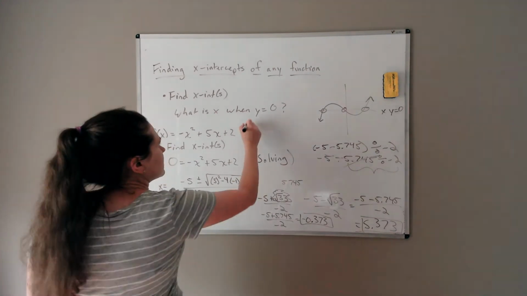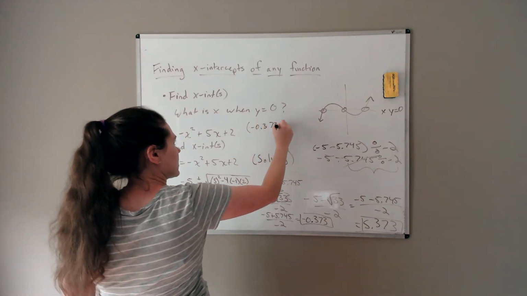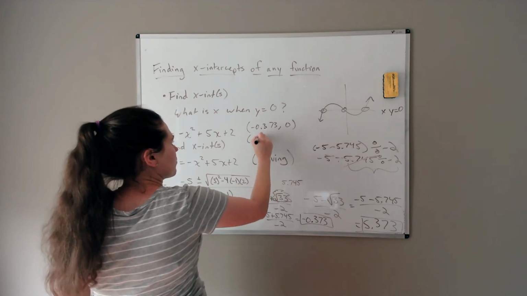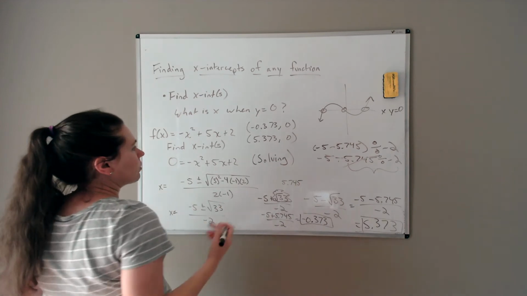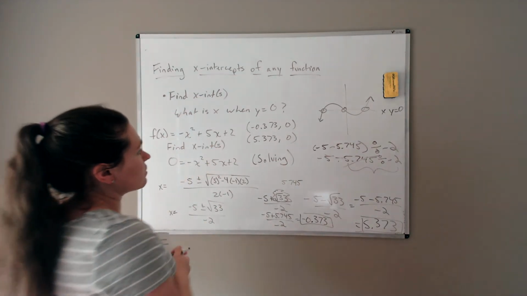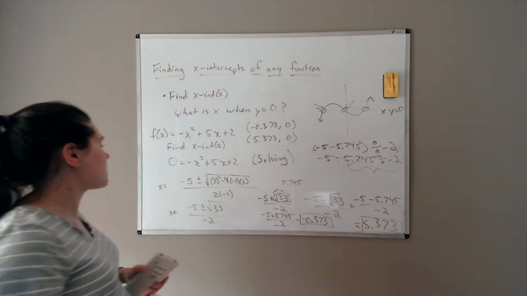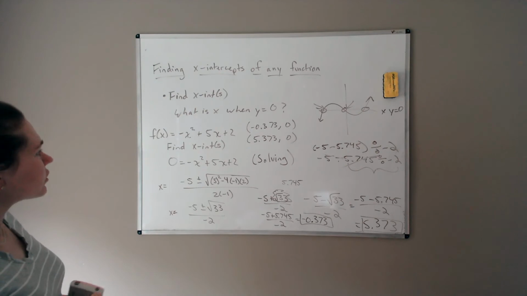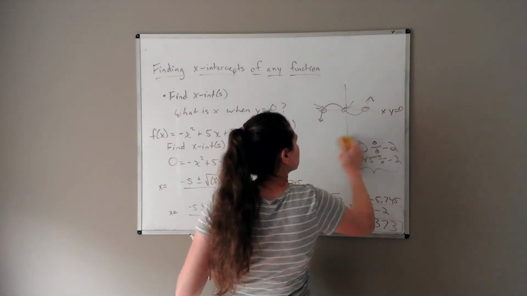So what are the two x-intercepts? The two x-intercepts are negative 0.373 and 5.373. These are the two rounded values of x that, when you plug them in, will give you an output of 0. Those are the values at which the graph hits the x-axis. Now I'll go over one more quadratic problem.